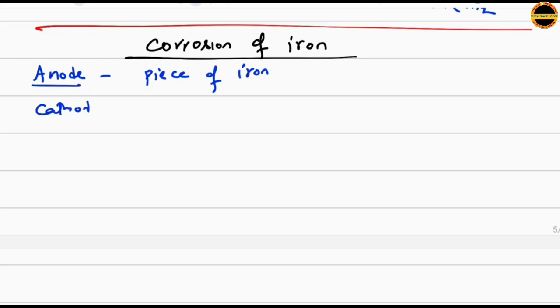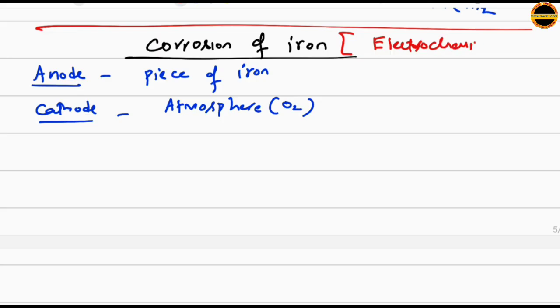The cathode is the atmosphere, mainly O2, which acts as the cathode. So corrosion of iron, you can consider it an electrochemical phenomenon. The reactions you see now.